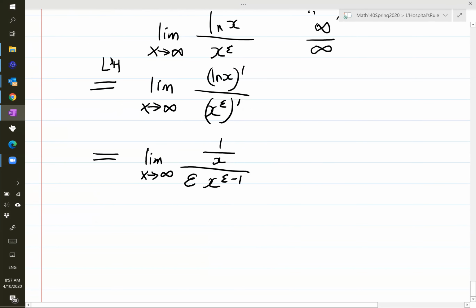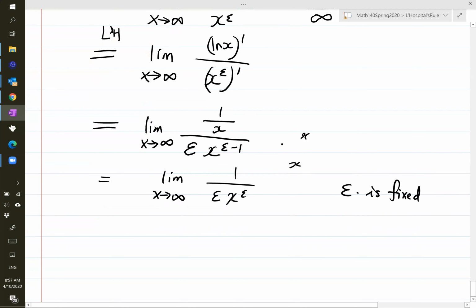Then we multiply numerator and denominator by x. The x cancels the x, so we get a 1 on top. The x multiplied by x to the power epsilon minus 1 gives x to the power epsilon. Now epsilon is fixed, a small non-zero number. x to the power epsilon approaches infinity, and this huge number multiplied by epsilon is again huge, because epsilon is fixed.